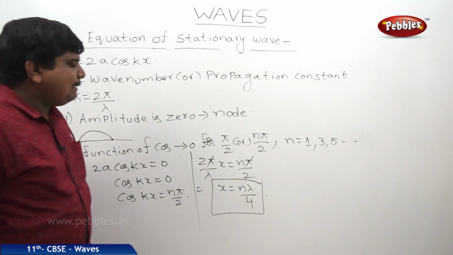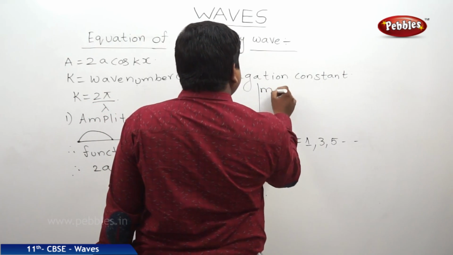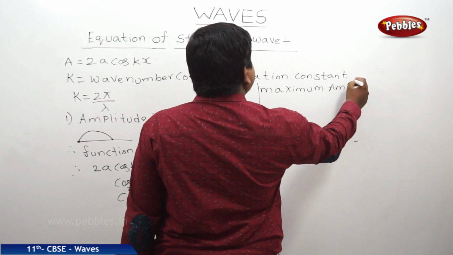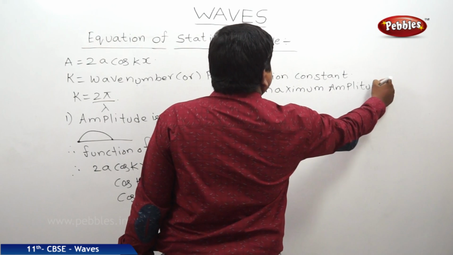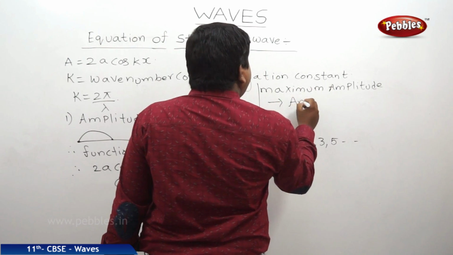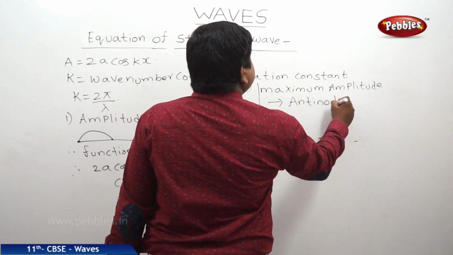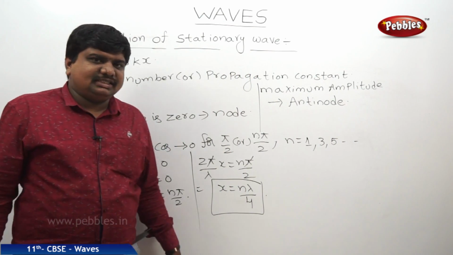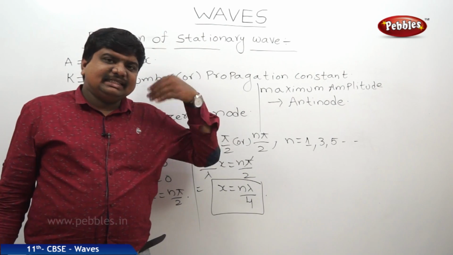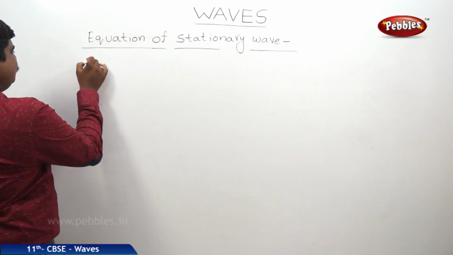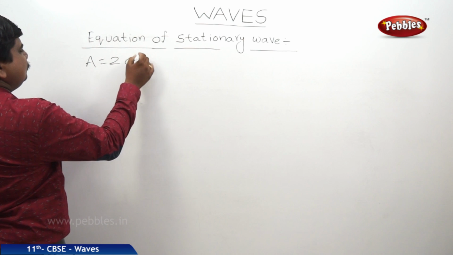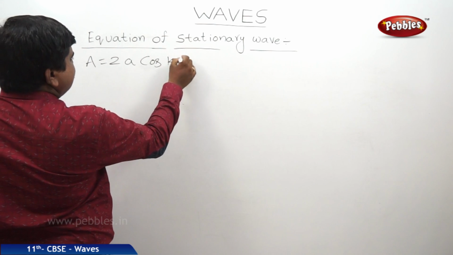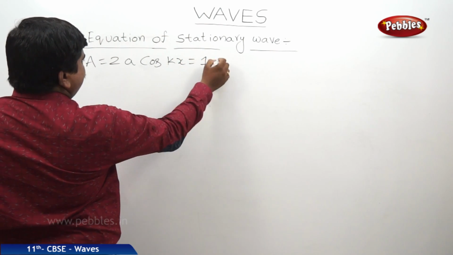Then what about the maximum displacement or maximum amplitude? Those positions are called antinodes. Cos is maximum at 0 degrees, 180 degrees like that. So A is equal to 2a cos kx, where cos kx is equal to 1.